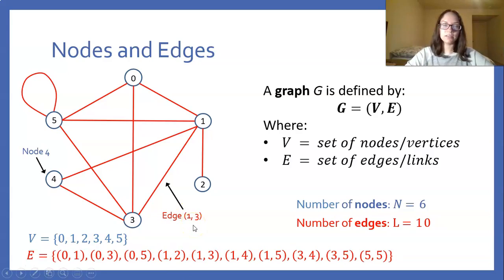An edge is represented by an ordered pair of the first node and the second node. This edge connects node 1 to node 3, so that's why we call it (1, 3) in parentheses.